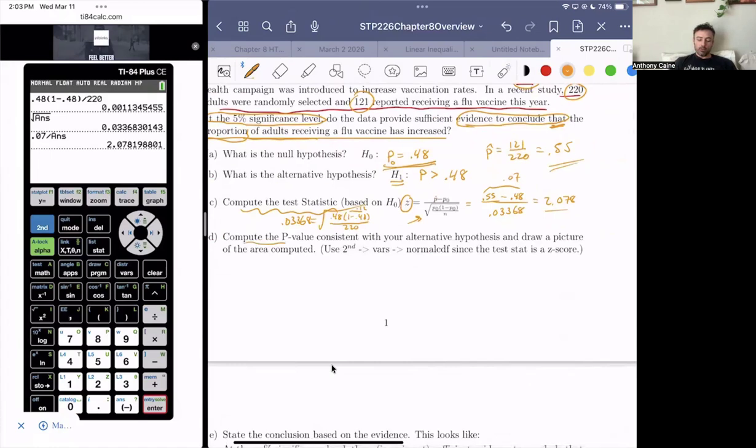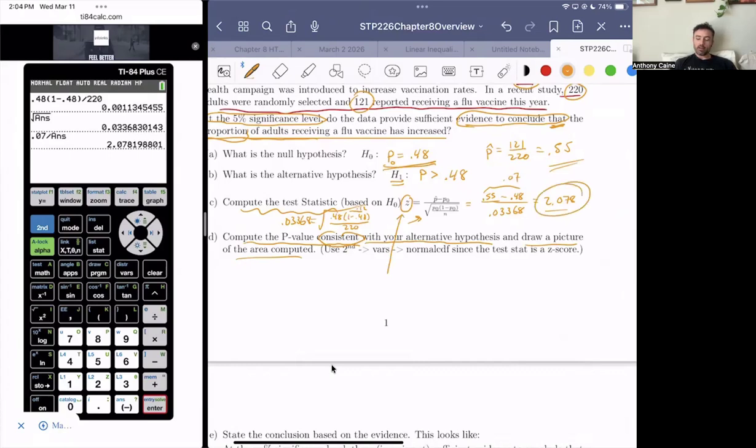All right, I want us to compute the p-value that is consistent with our alternative hypothesis and draw a picture. So what's happening is we have a z-score.